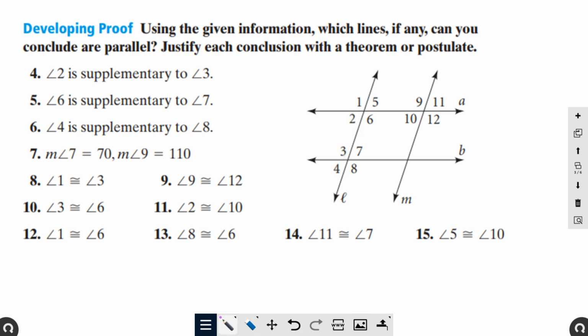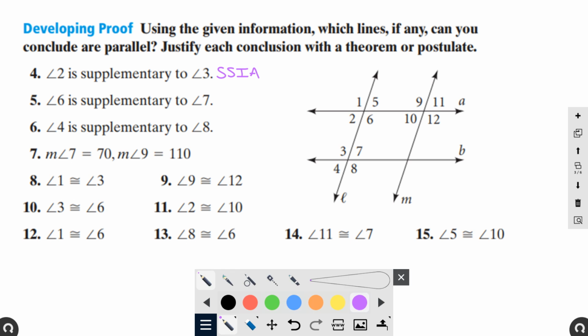So for this problem, you can say SSIA, same side interior angles. Now, which set of lines are parallel? Is it A and B or L and M? What lines did 2 and 3 touch? Did they touch A and B or did they touch L and M?